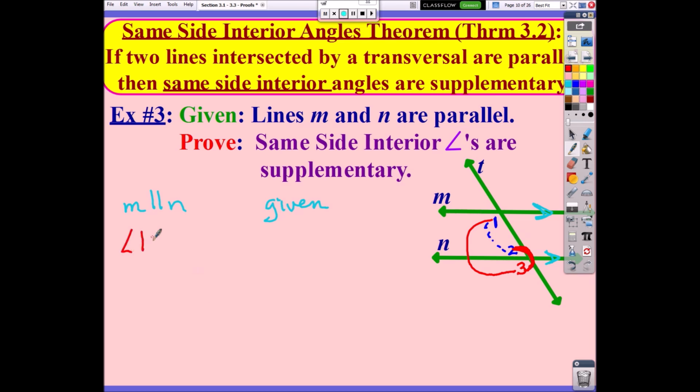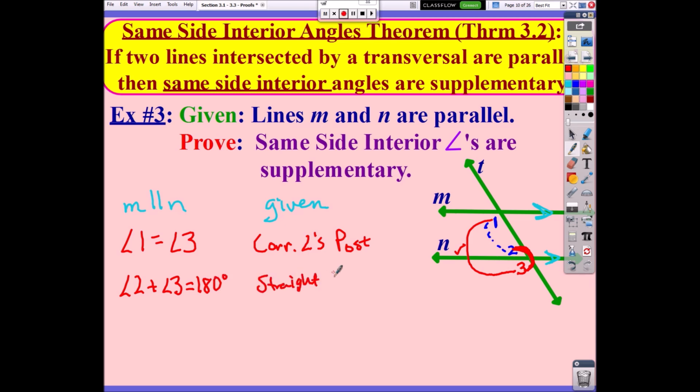So first, angle 1 equals angle 3 for the same reason it did in the last problem, the corresponding angles postulate. And then I come over and check mark between angles 1 and 3. Then let's go talk about that connection between 2 and 3. Now, 2 is not equal to 3, but angle 2 plus angle 3 equals 180 degrees by the straight angle postulate.